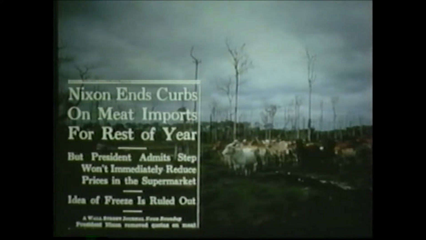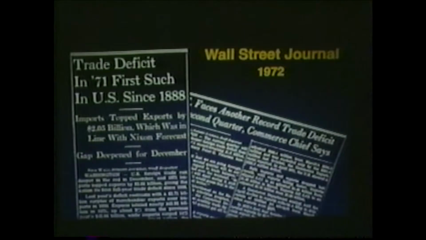The end result of this shifting of food production overseas was that the United States suddenly became one of the world's largest importers of food. These huge food imports were a significant factor in our nation's trade deficit in 1971, the first since 1888.